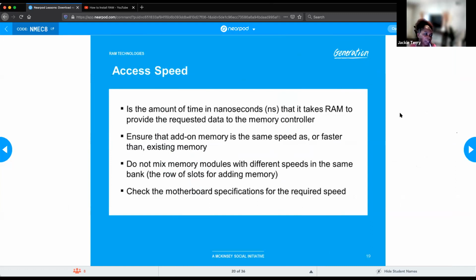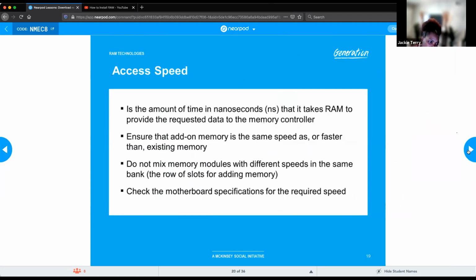Access speed is the amount of time in nanoseconds that it takes RAM to provide the requested data to the memory controller. Ensure that add-on memory is the same speed as or faster than existing memory.